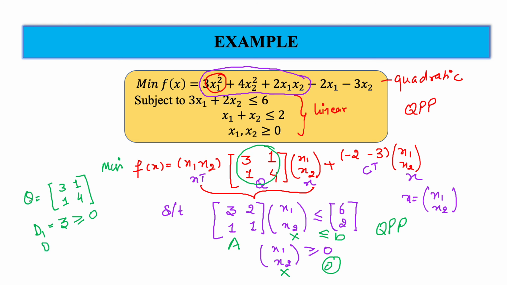Then D2 is 3 times 4 minus 1, which is 12 minus 1, which is 11, greater than 0. So Q is a positive definite matrix, hence it is positive semi-definite. So we can say that this example is a quadratic programming problem.